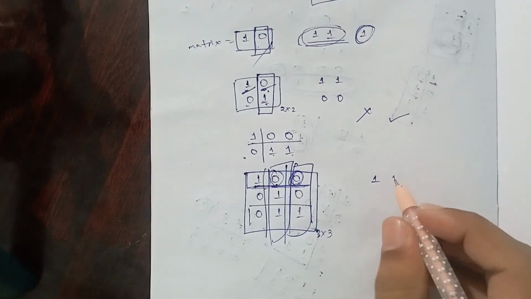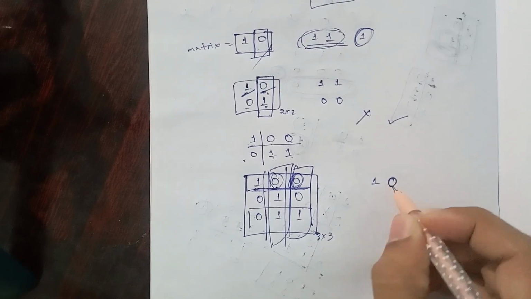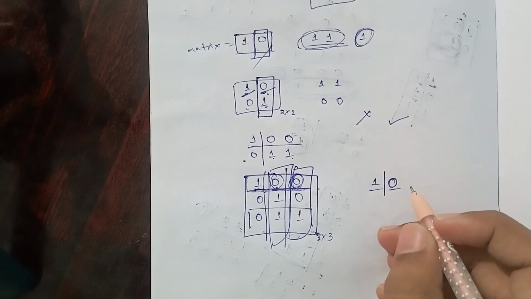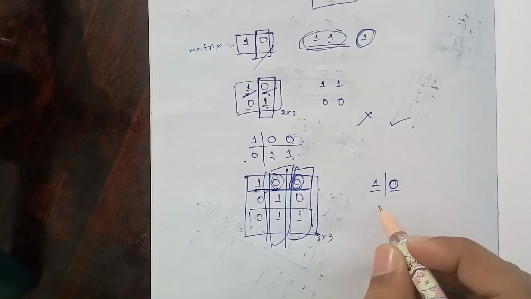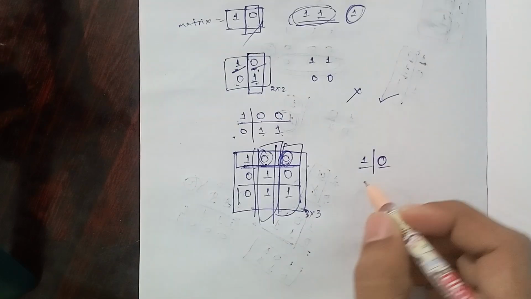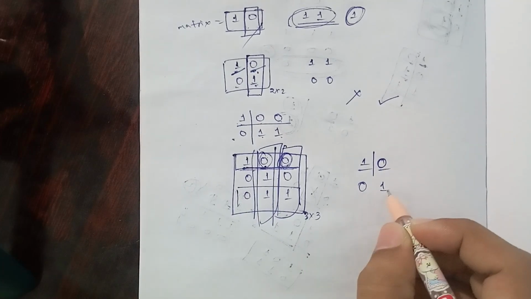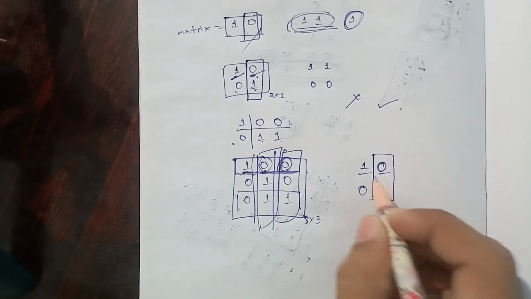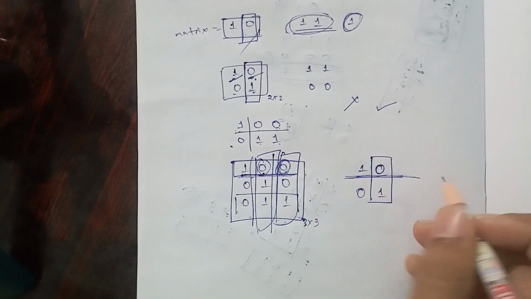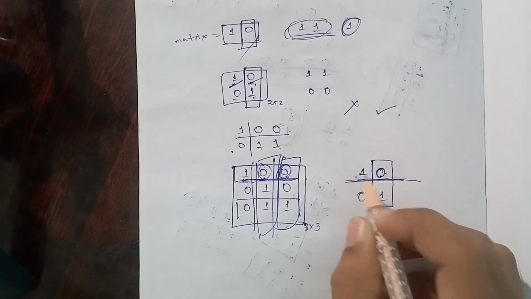So in the first example, as I said, 1 0, we need to flip this as these both are not equal. Imagine as in the previous example, 0 1. If you clearly observe this row, these two are not equal.